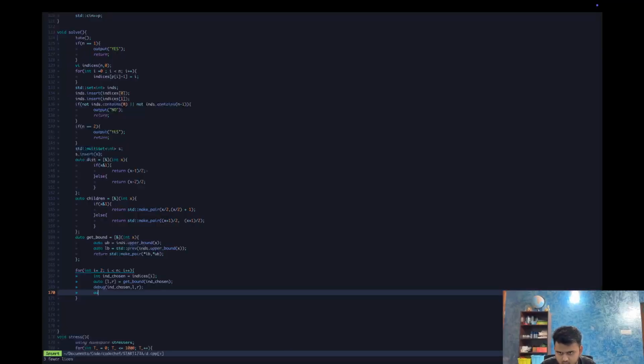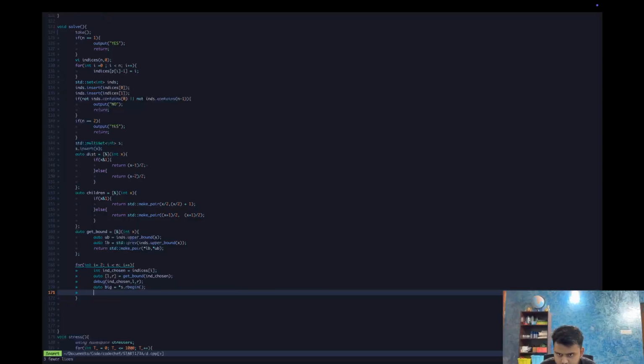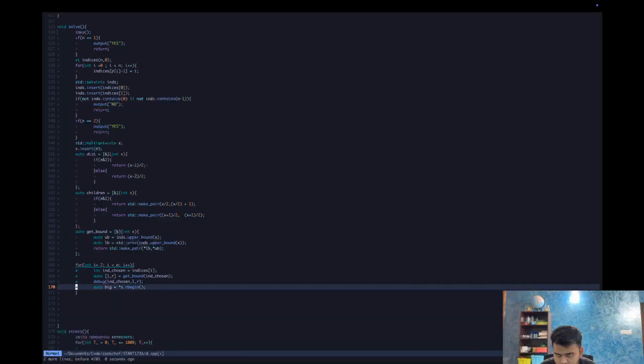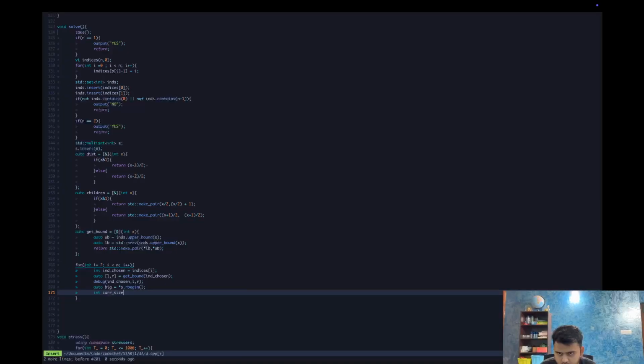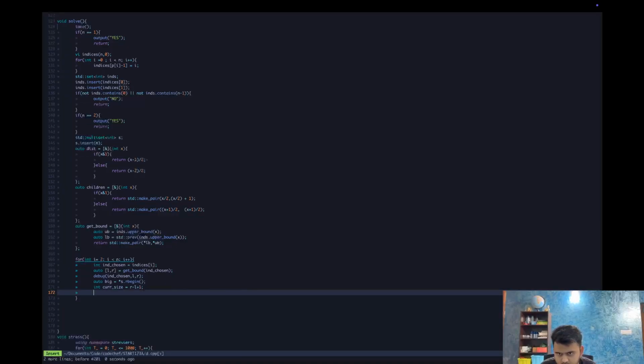So auto big is s dot rbegin. Int cur size is r minus l plus 1.